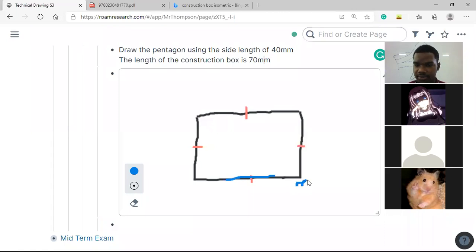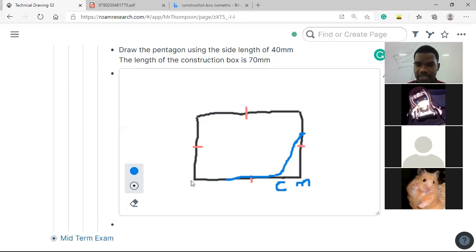Let's call it M. All right, we go 40 millimeters up, because that's the length of the side, no matter the angle of it. So even if the angle of the line is 20 degrees, the length is still the same. So when we go 40 millimeters up, it'll stop about there, right? And we can connect it back to the base point. And we could really call it any letter, in this case, I could call it C.